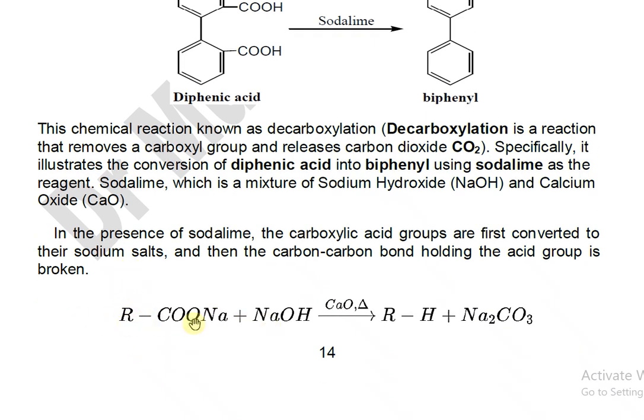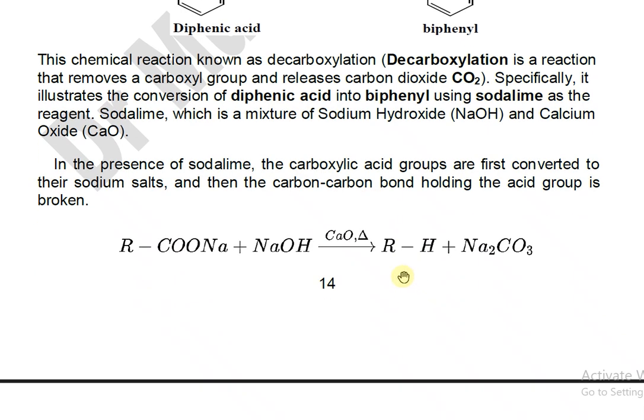So the general reaction for the soda lime reaction is this. For example, we take the sodium carboxylate compound with NaOH, CaO, heating. That means all this part will be converted to what? It will be converted to hydrogen.